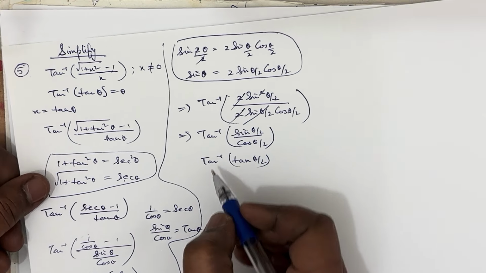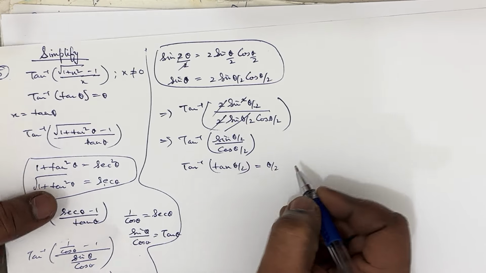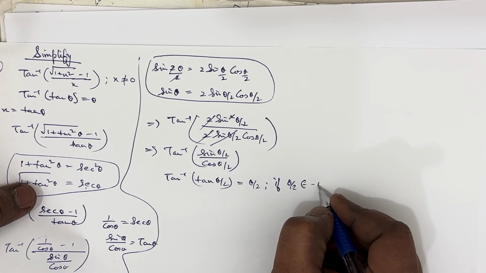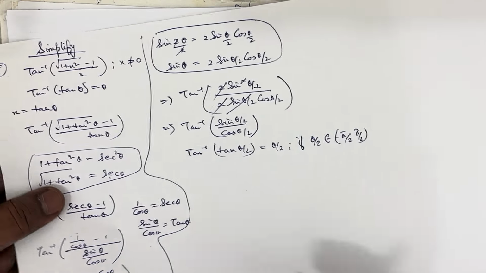Now this expression has come to the form of the property tan inverse tan theta. So we can write tan inverse tan theta by 2 is equal to theta by 2, if theta by 2 belongs to the range of tan inverse, that is minus pi by 2 to pi by 2.